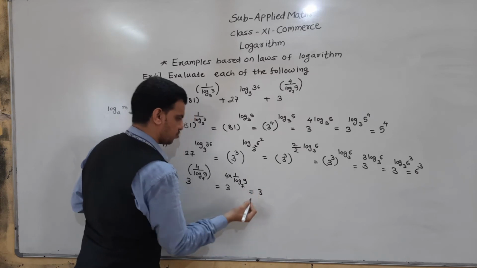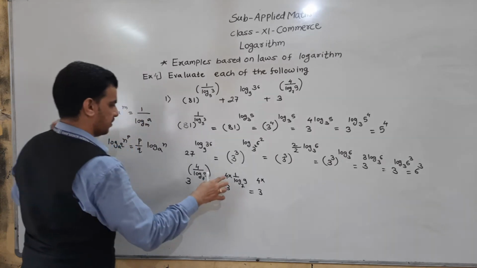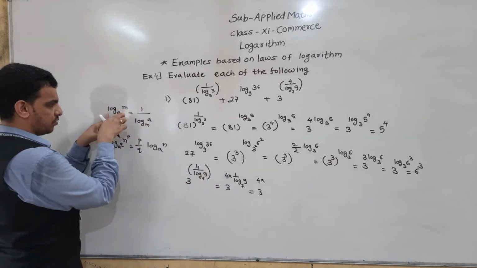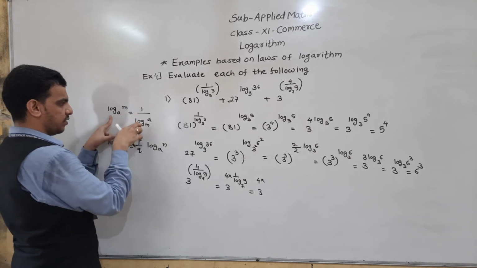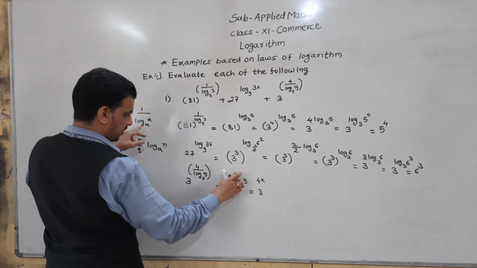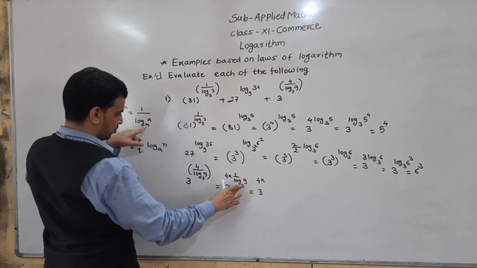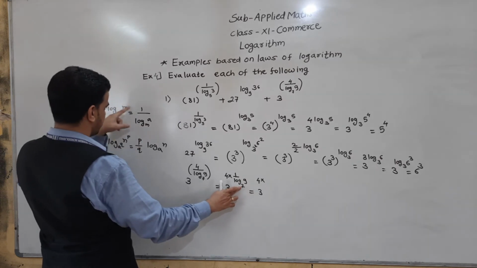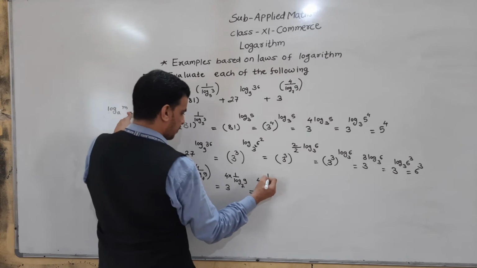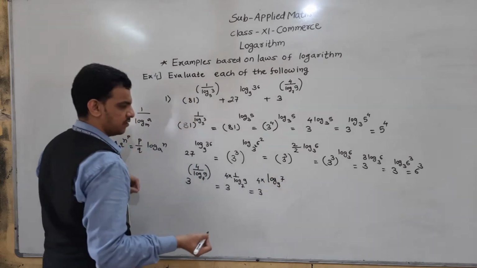Now again I have to use this law: log m to the base a is equal to 1 upon log a to the base m. So already here 1 upon log 9 to the base 7, if I write this value, it becomes log of 7 to the base 9.